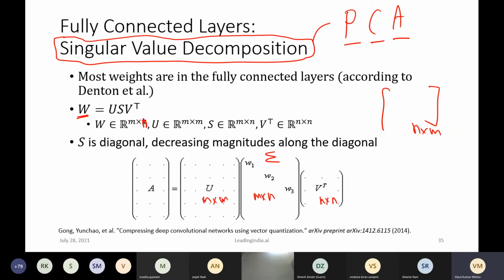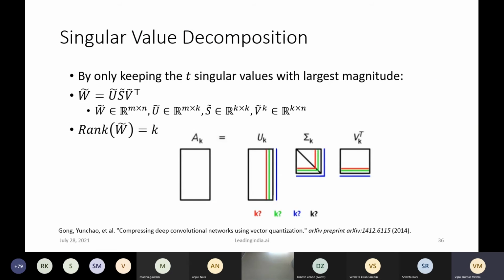Now you can ask, what is the purpose of this decomposition? Because instead of storing m cross n, now you are storing three matrices: m cross m, m cross n, and n cross n. So how is it useful for us? We are not actually storing the full size of the matrices, only partial matrices.